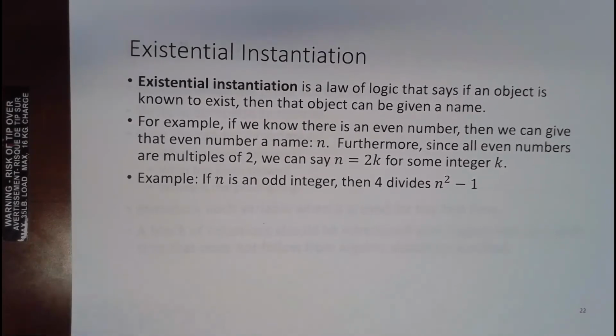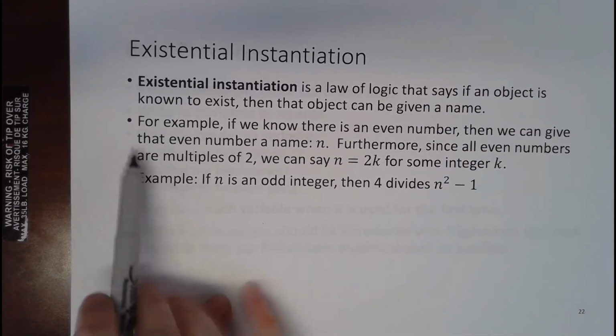Like in the definition of an even number: a number is even if there exists an integer such that you can write y equals 2 times that integer. I know that thing exists, so I can give it a name so we can talk about it. I can say, let that integer be called k. I know it exists, so I'm going to call it k.